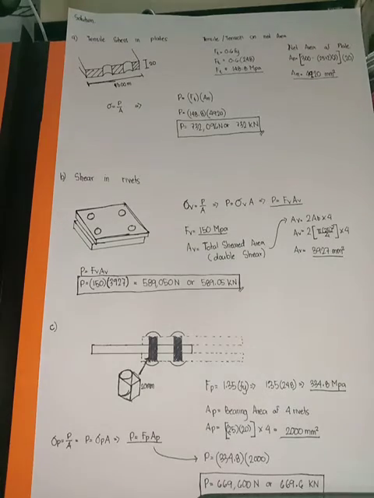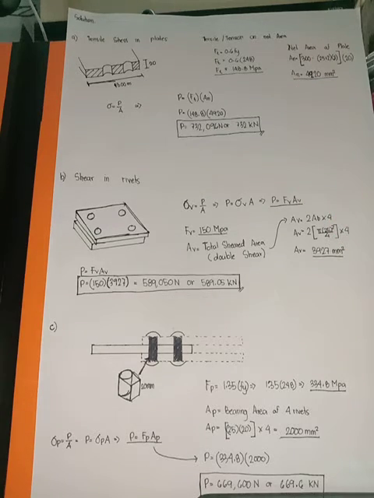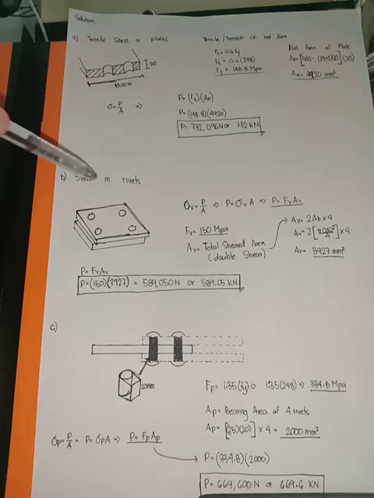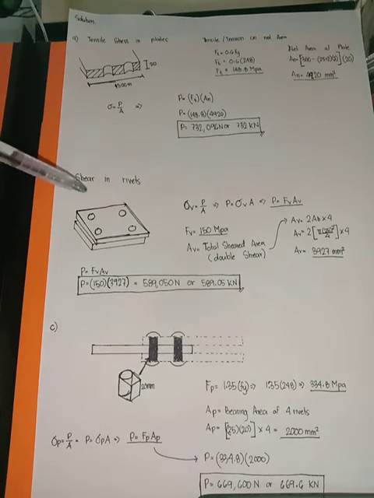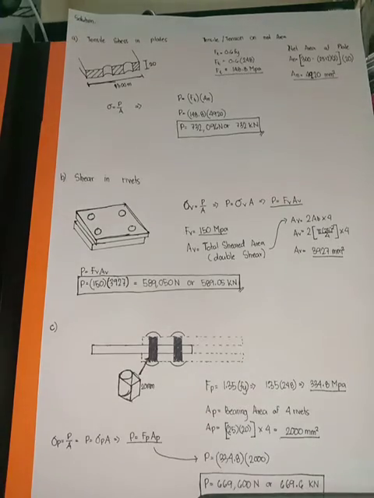Next is the shear in the rivets. Since the rivets are involved here, there are four of them: 1, 2, 3, 4.